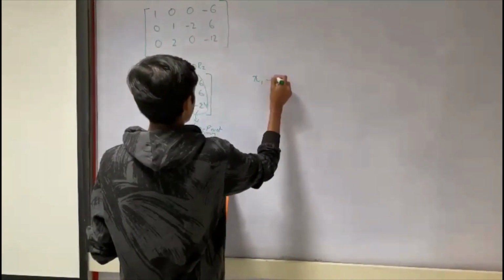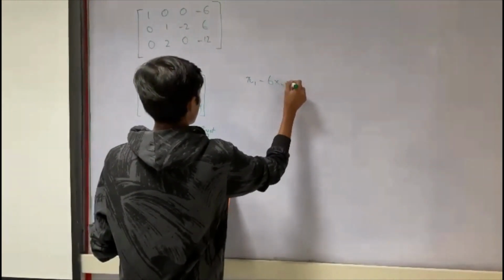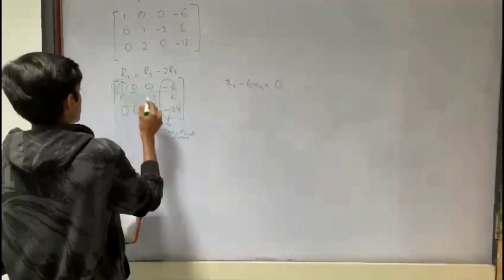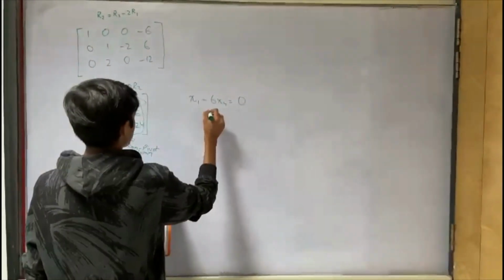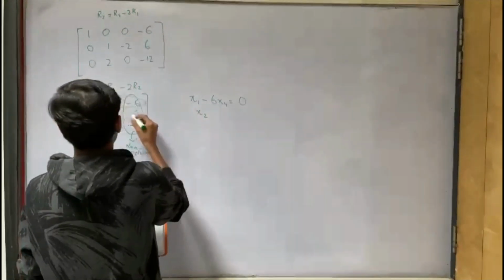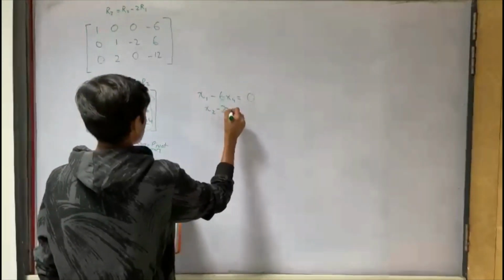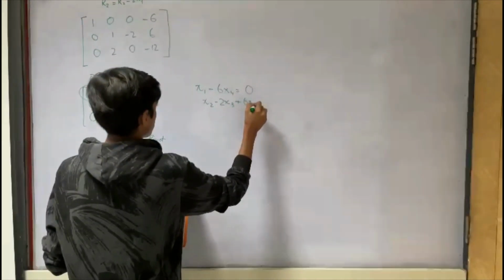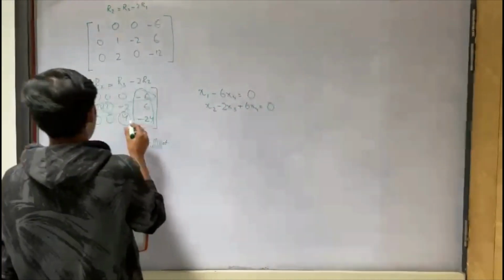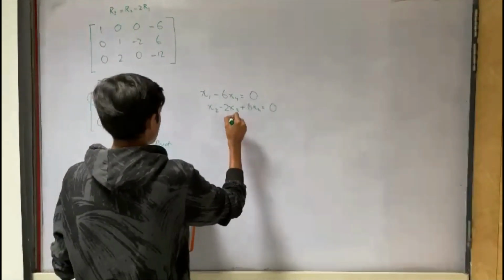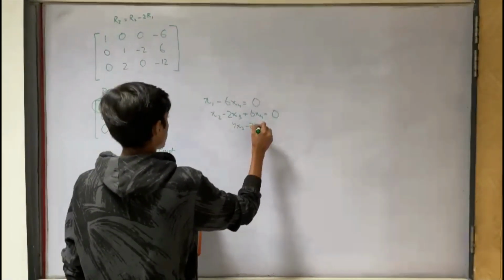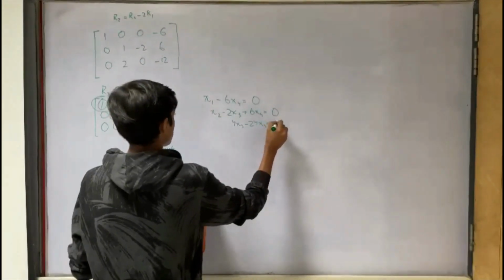x1 minus 6x4 equals 0, that will represent this row. Then we will write x2 minus 2x3 plus 6x4 for the second row, and 4x3 minus 24x4 for the third row.